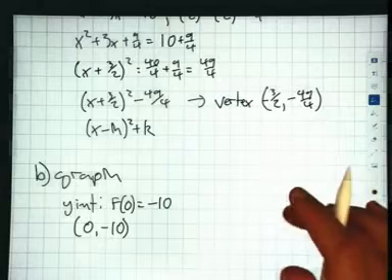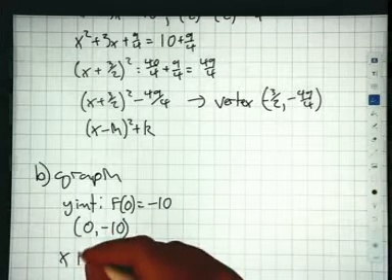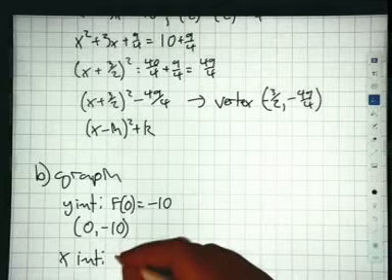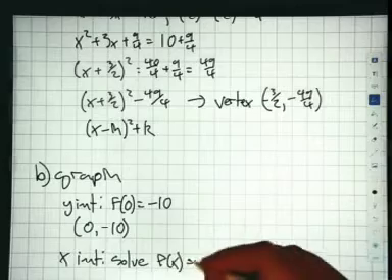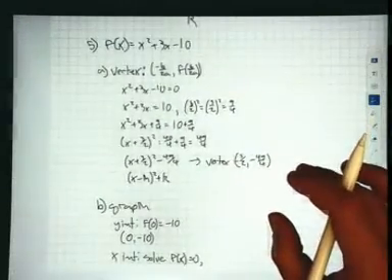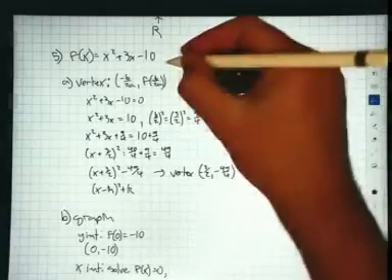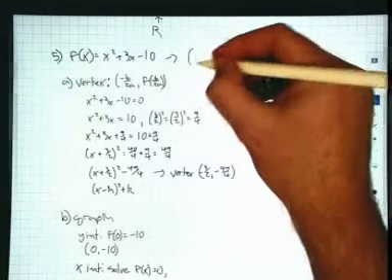And then the other thing that you want to do is you want to know what the x-intercepts are. To find the x-intercepts, we need to solve f of x set equal to 0. So my first thought is this: does this factor? Are there factors of negative 10 that add up to 3? Well, yes.